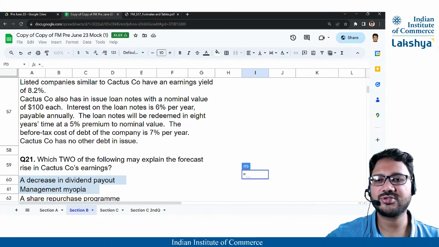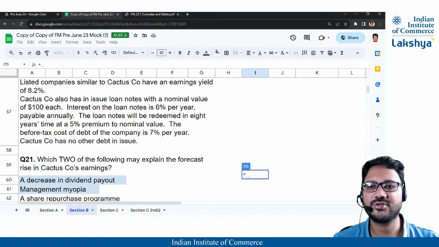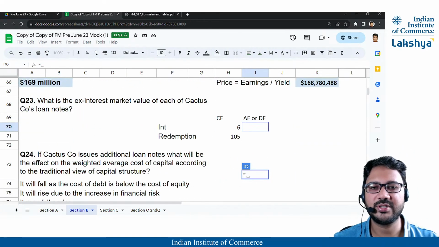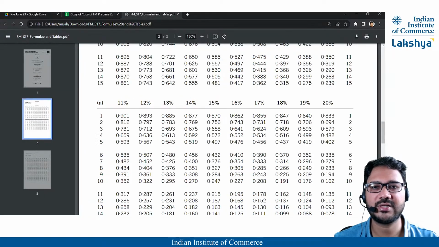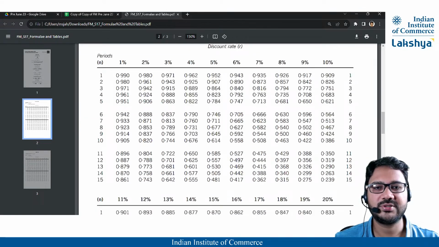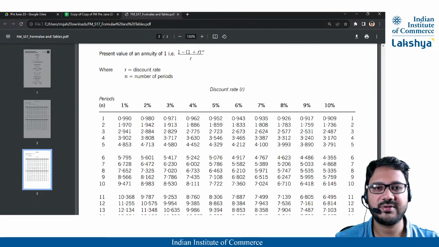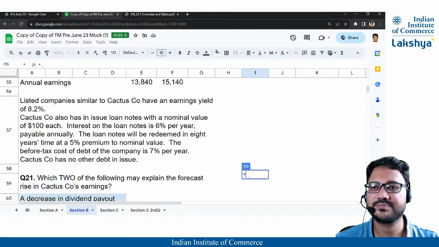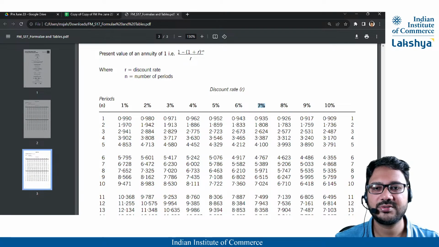Yeah, we want before tax cost of debt, so 7% per year because our interest is also before tax. So 7%. What is this present value? No, we need annuity. 7% for how many years was it? 8 years. 7% for 8 years is 5.971.